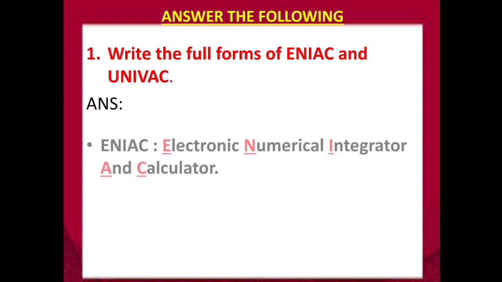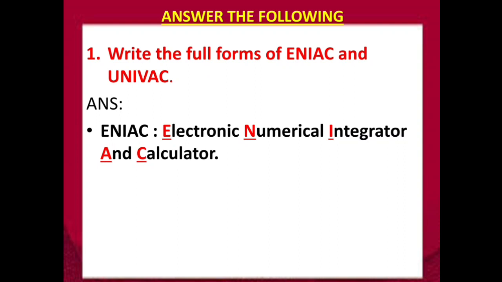So the answer is, for ENIAC, E refers to electronic, N refers to numerical, I refers to integrated, A refers to and, and C refers to calculator.